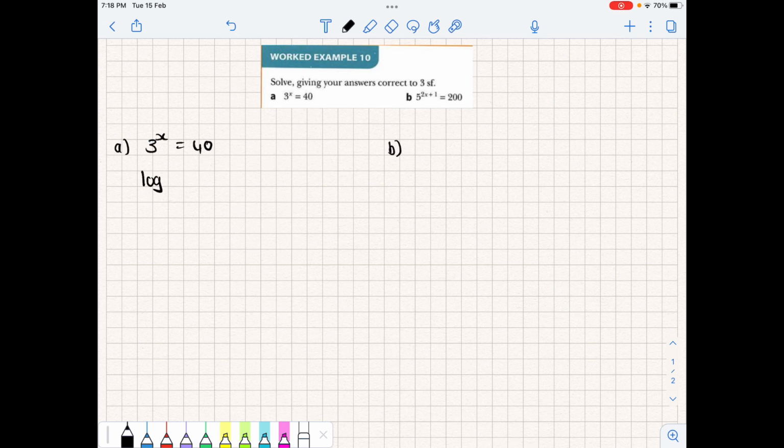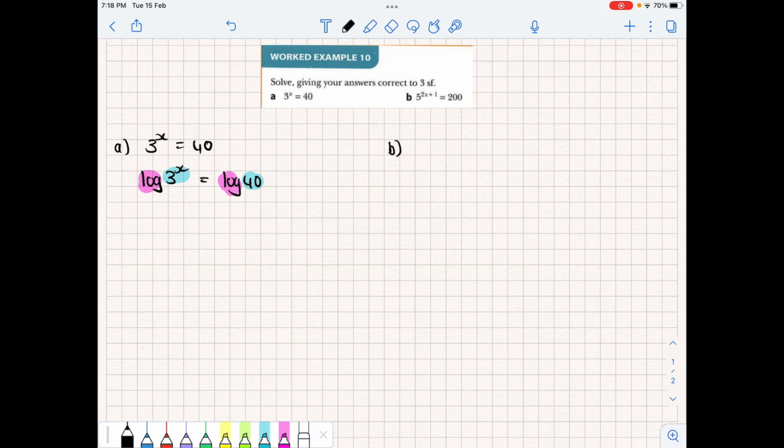So this is going to become log of 3 to the power of x equal to log 40. Just like an exponential equation where we can equate the exponents, we could drop these logs, because if these two sides are the same and they're the same base, then the value of the logs must be the same.